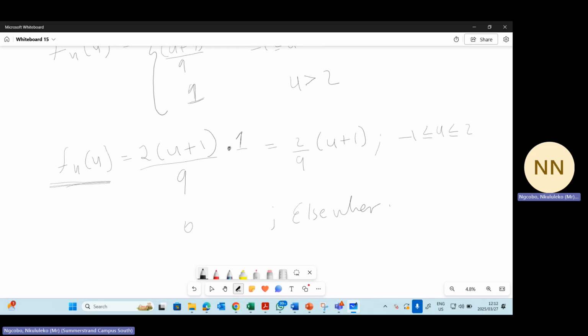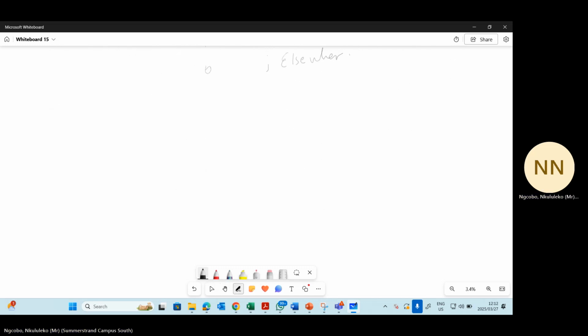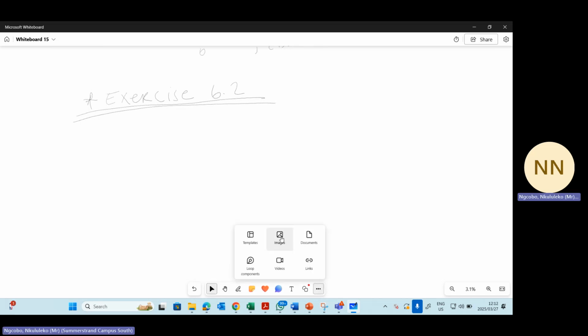Let's look at other examples picked up from exercise 6.2, right? Let's look at these other examples to see if we do understand this. So we're doing exercise 6.2, let's see if we have it here.